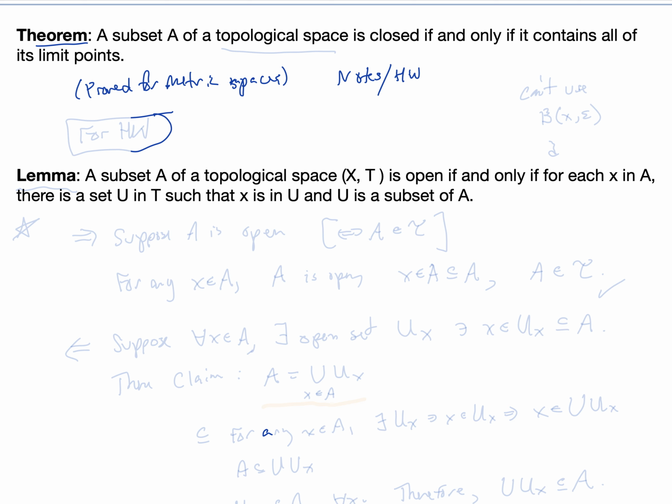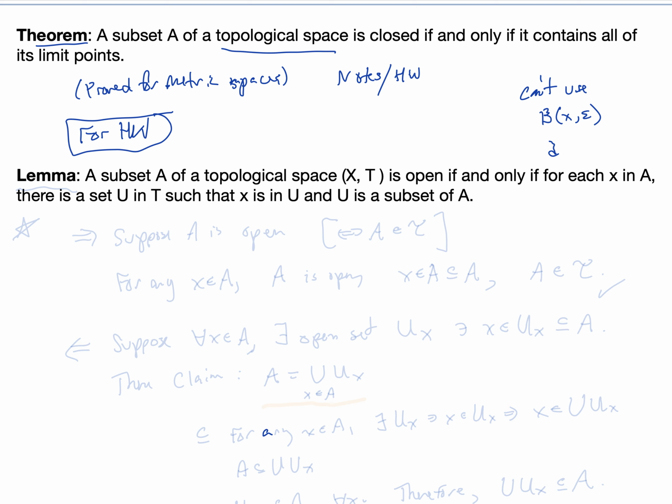So I'm actually going to have you prove this again for homework, the whole thing. And there are different ways you can approach this, but note you have to do it in a topological space. In other words, we can't use metrics. We can't use a ball centered at x of radius epsilon. We can't use the idea of distance. So we have to prove this completely in terms only of open sets.